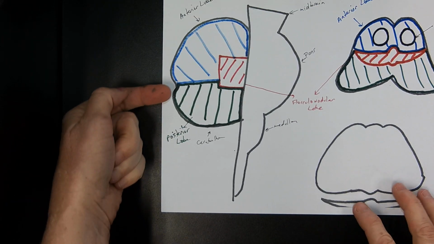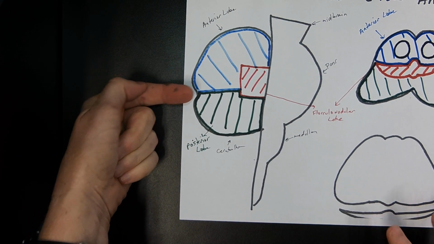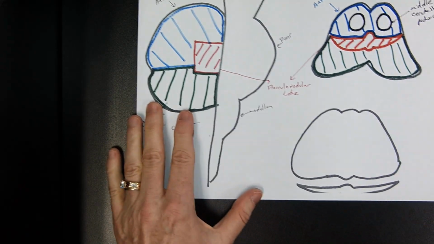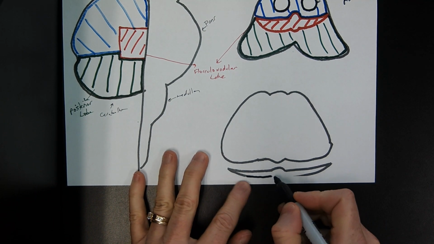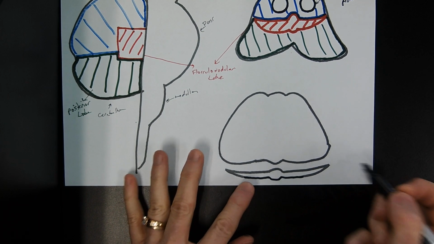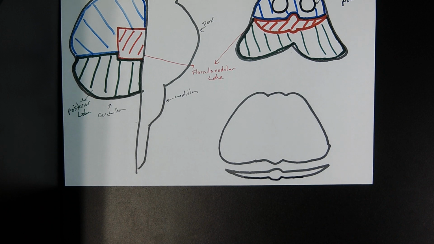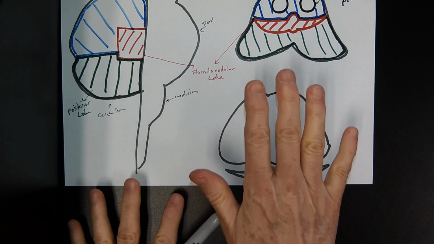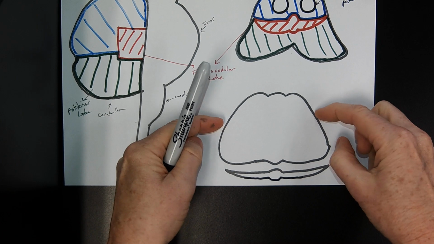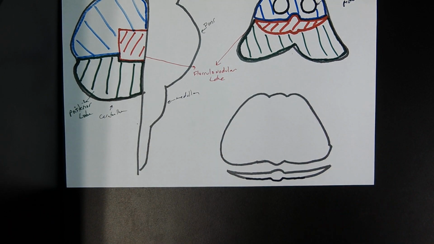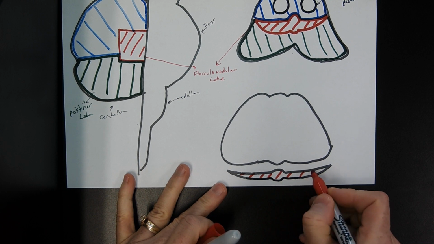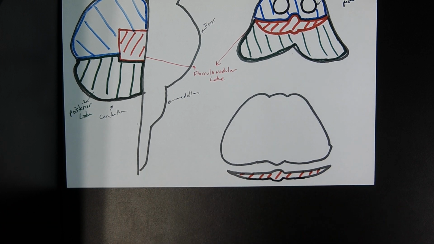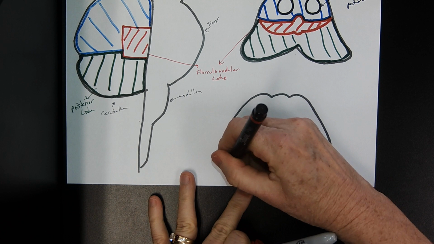And the thing is, when you look at it from the back like that, you're not able to see the flocculonodular lobe. So what they do is they just go ahead and put the flocculonodular lobe underneath to represent it. Okay, so this is looking at it from the back, and they've just taken the flocculonodular lobe and rolled it down, so you can still see it. So there it is. Okay, that's your flocculonodular lobe.